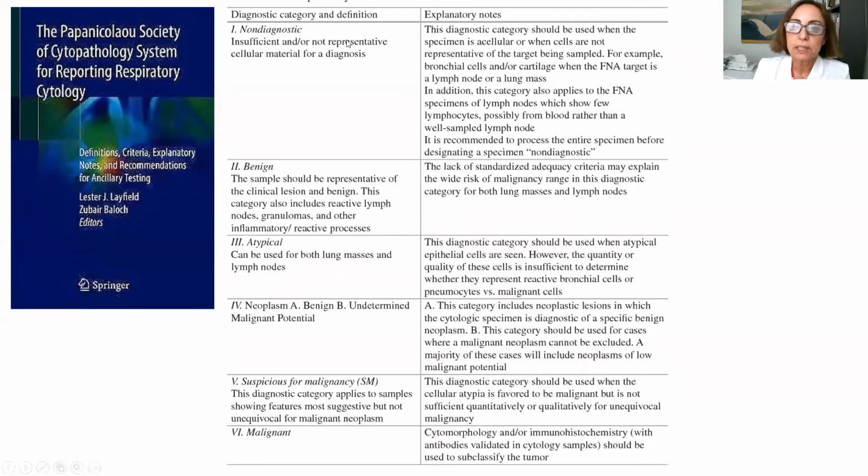The experts gave us six diagnostic categories: non-diagnostic, benign, atypical, neoplasm, suspicious, and malignant. Of course, I won't go through every category, because I could stay talking about this for my whole talk, and it's not the goal of my talk. But this is what most of us follow, and in this way we talk the same language.